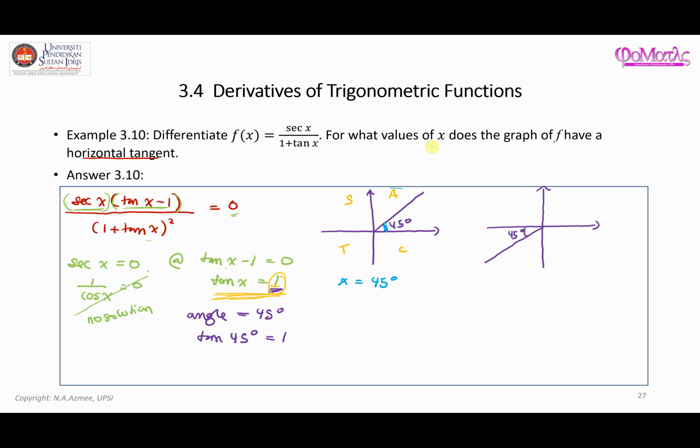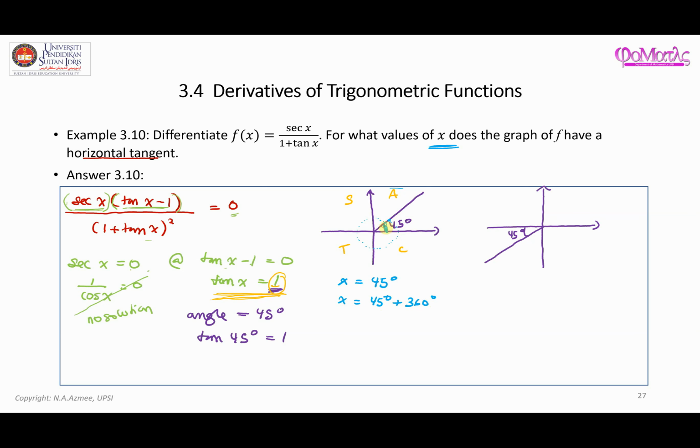And since there is no specific range for the values of x, if you make a 360 degree turn and stop at this position here, you will get the same value if you plug in tangent of that angle. So x can also be 45 degrees plus 360 degrees.